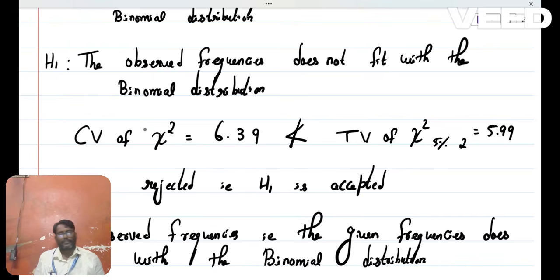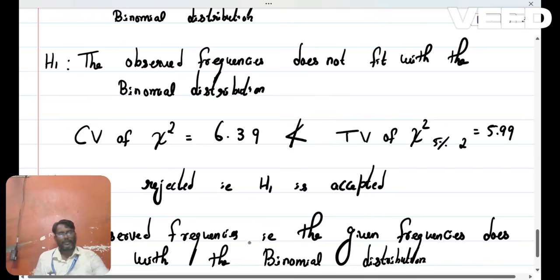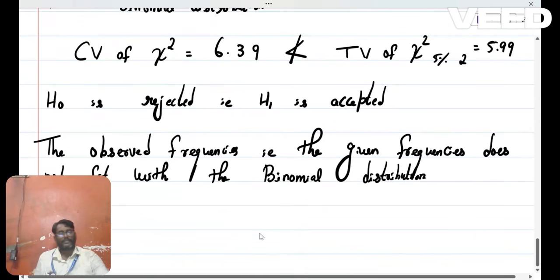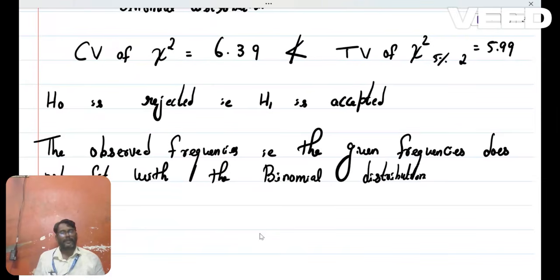So as per this, H0 will be rejected, that is, H1 is accepted. That is your final conclusion: the observed frequencies, that is the given frequencies, do not fit with the binomial distribution. Thank you.